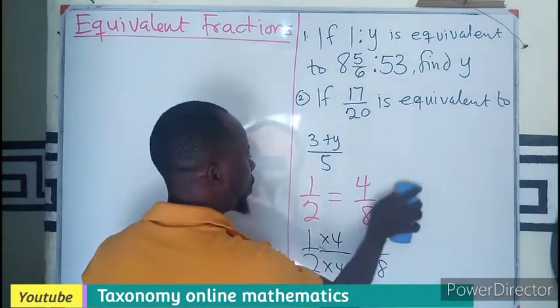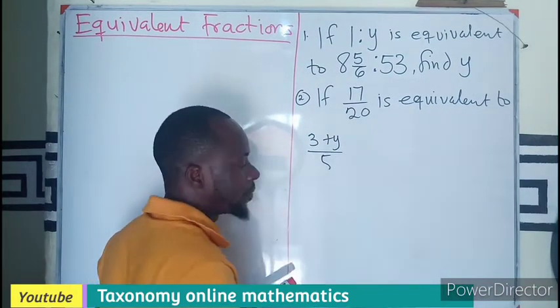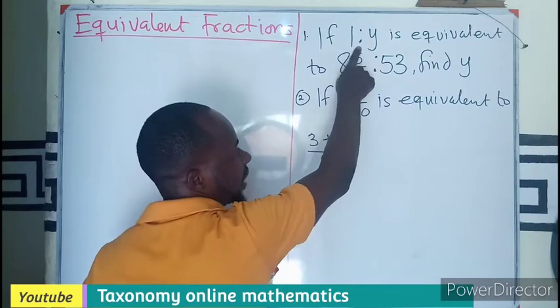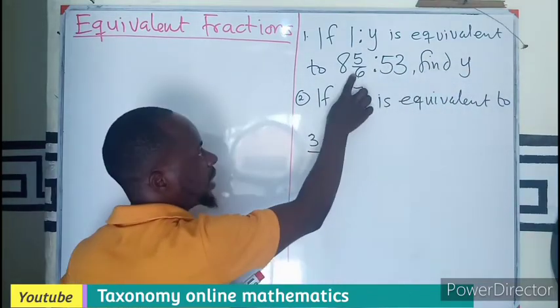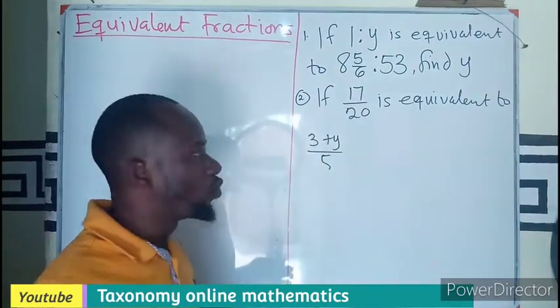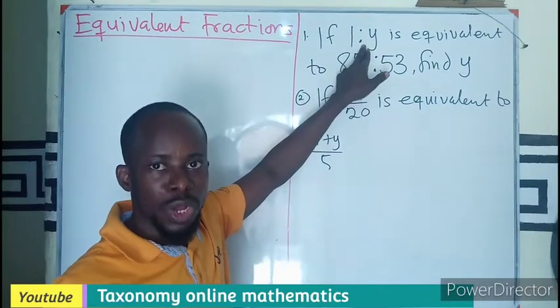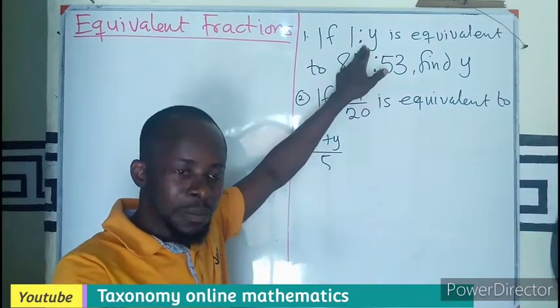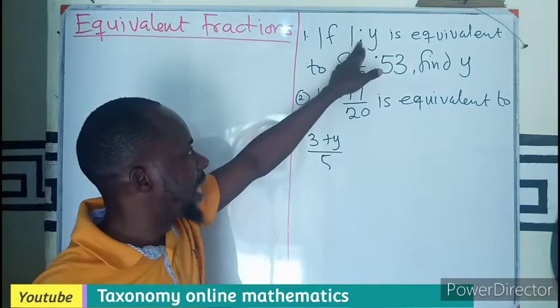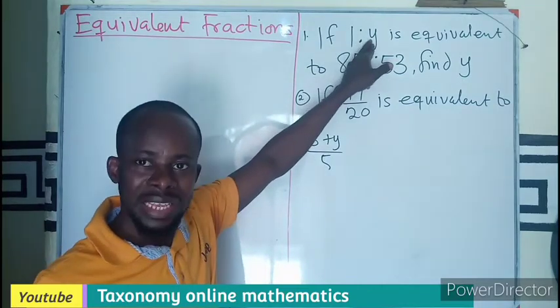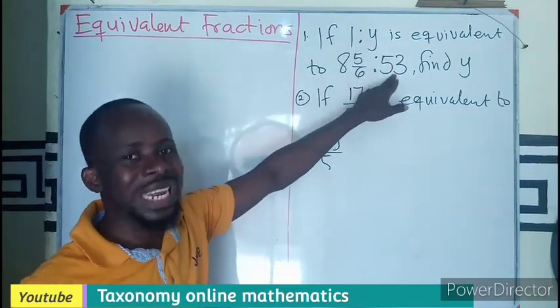Alright, so if that is out of the way, we are saying that this fraction is equivalent to what? This fraction. The ratio, as we are seeing here, also means a fraction. So we can write this as 1 over y, then the whole of this over this.